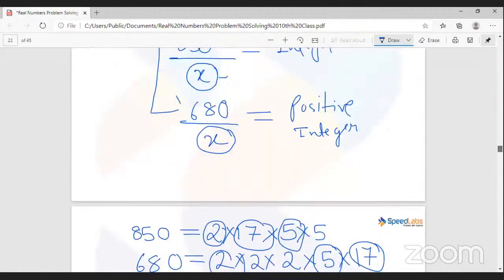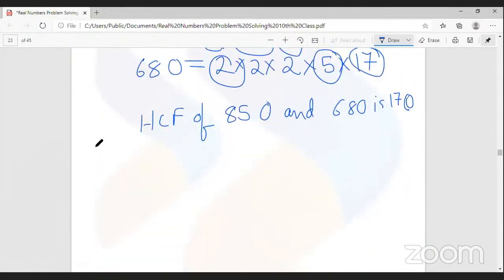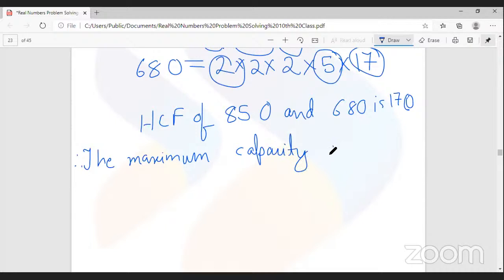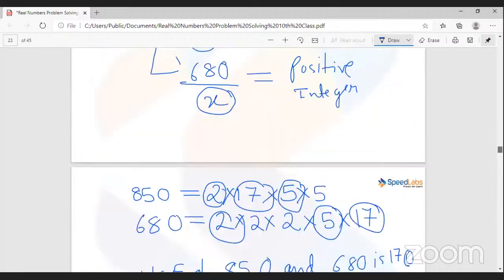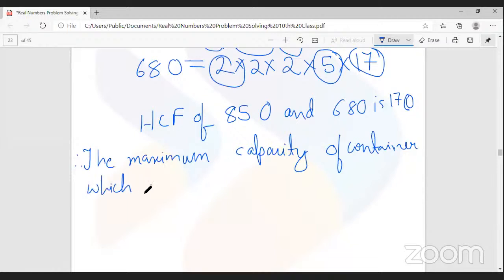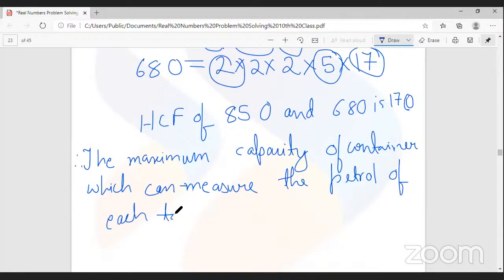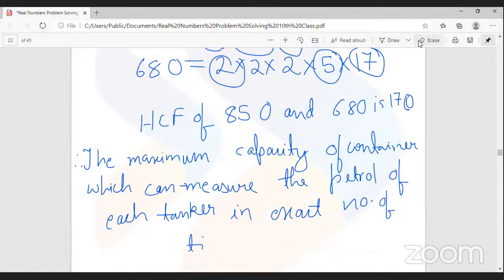The maximum capacity of a container which can measure the petrol of each tanker in the exact number of times is 170 liters.